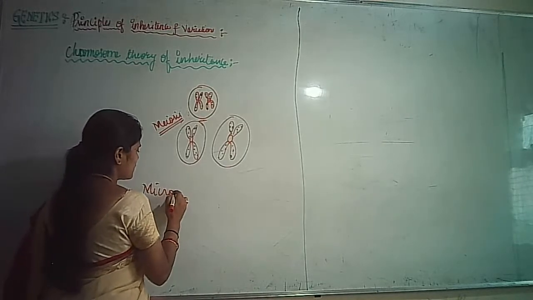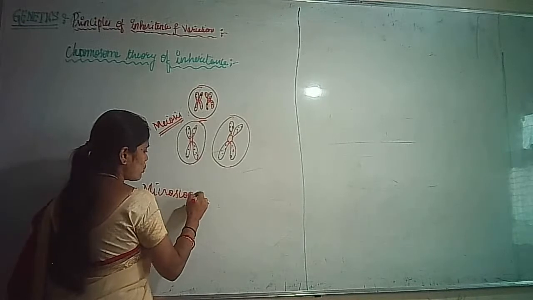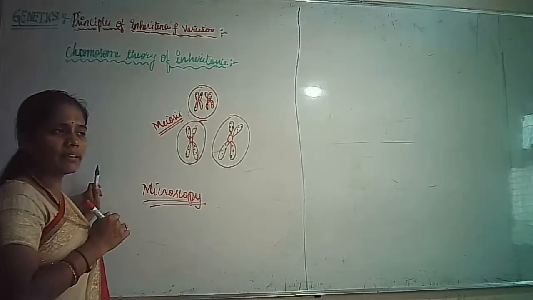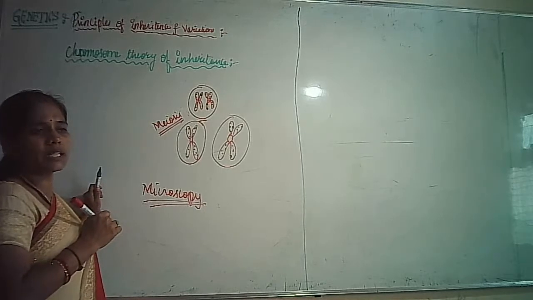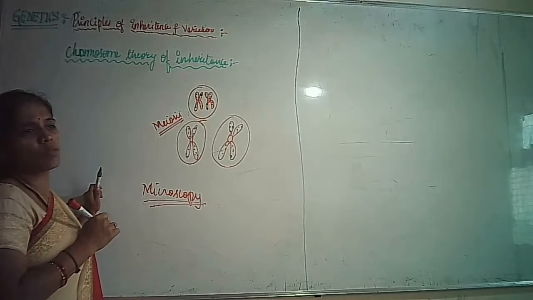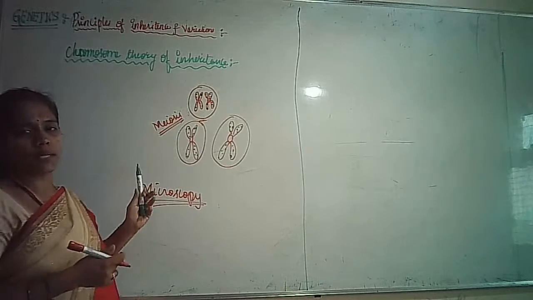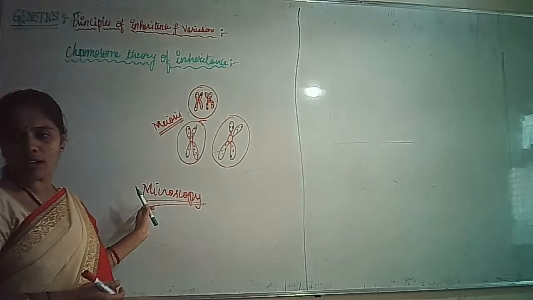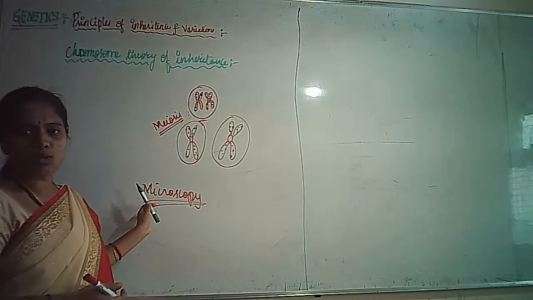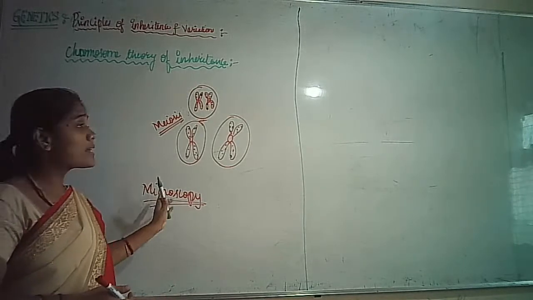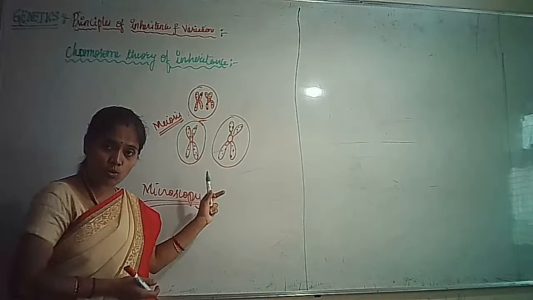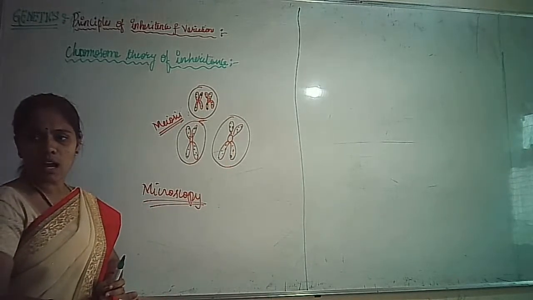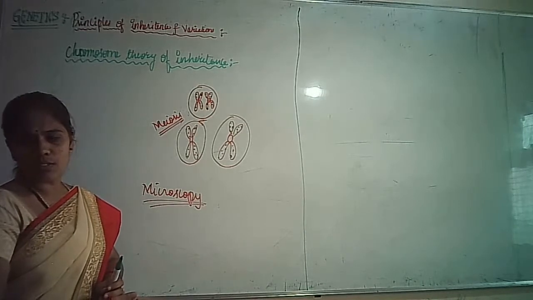The microscopic equipment and techniques were not that advanced; later on they became so. Due to that lack of microscopy, he was unable to explain the movement of the chromosome and how it is transferred.